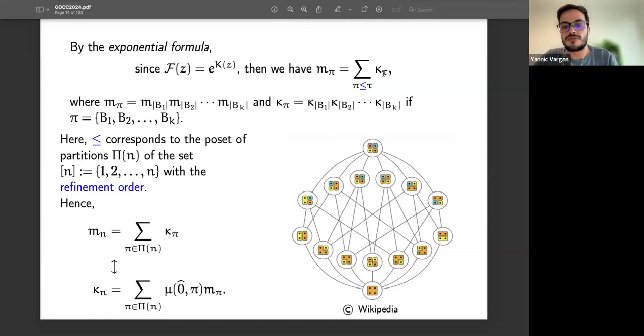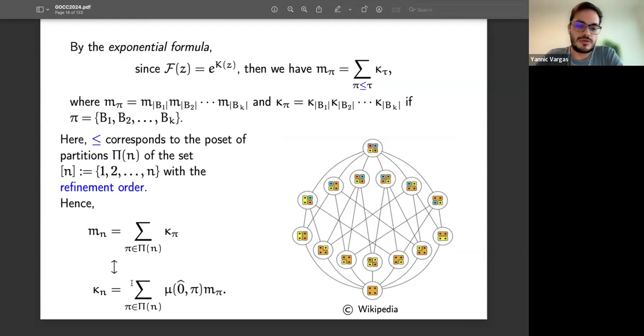So this sum becomes a sum over all partitions of n. That's where this equality comes from: taking this pi to be the minimal element in the refinement poset.